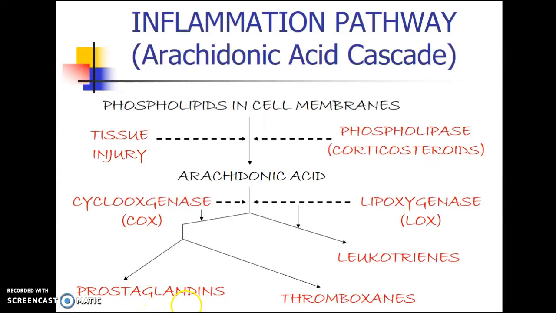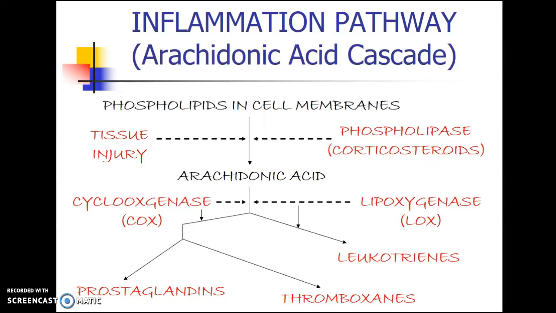And then we have thromboxanes. And then if lipoxygenase is activated, then leukotrienes are produced. All of these things have the potential to continue the inflammation, bring in that blood.